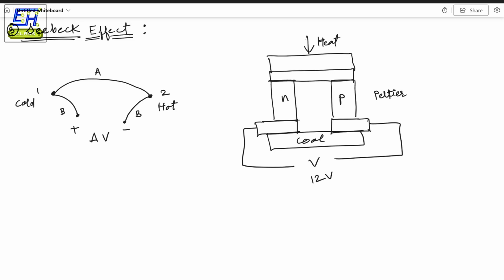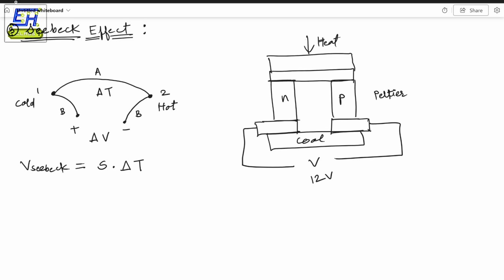And the basic formula for the voltage generated, or V_Seebeck, is given by a coefficient S into delta T. Now delta T is basically the temperature difference between the two sides, right? So delta T is the temperature differential. So S here is the Seebeck coefficient.